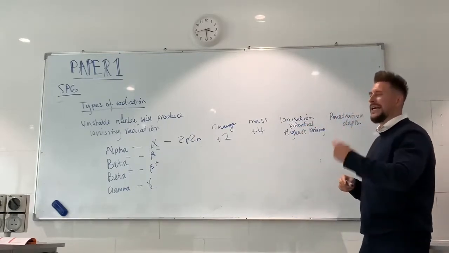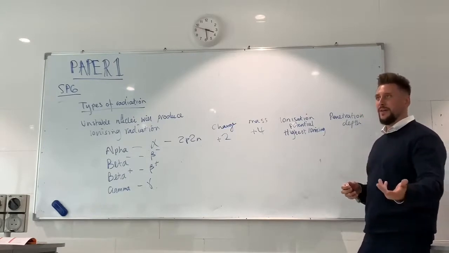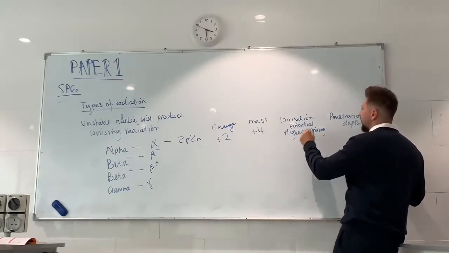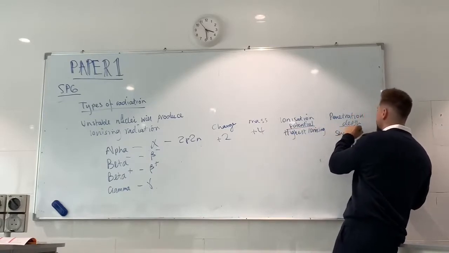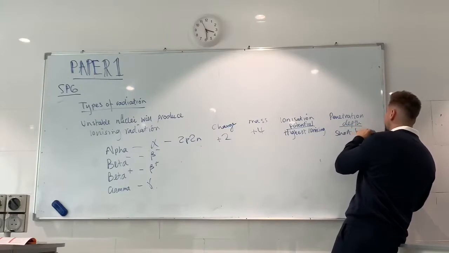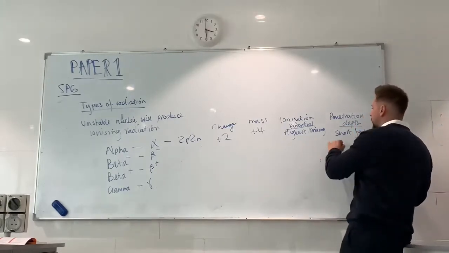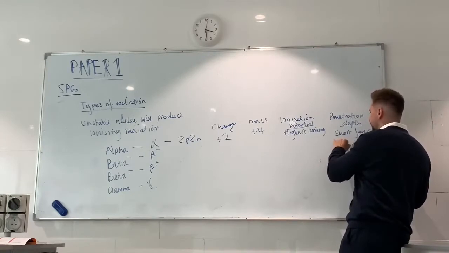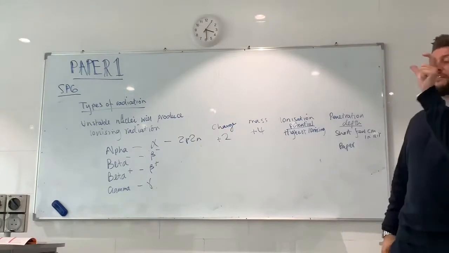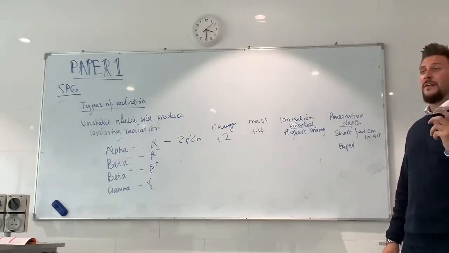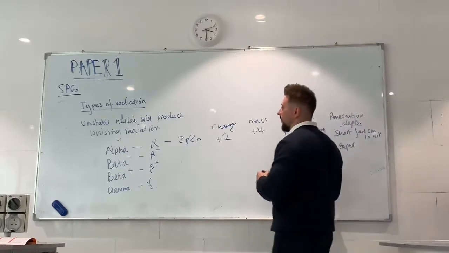Because it is so ionizing, it won't travel far before it ionizes something, meaning that its penetration depth is very short. It's a few centimeters in air. And if we're thinking about what materials could stop it, paper will stop alpha. It will travel maybe that far in the air before it ionizes and becomes neutralized, or if you just put paper there, it will stop it.